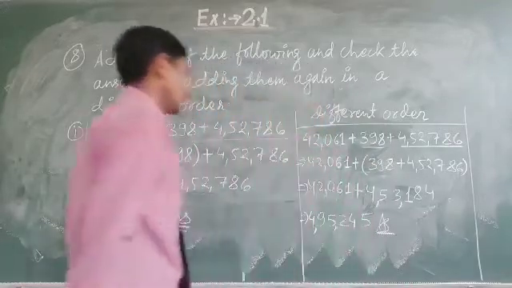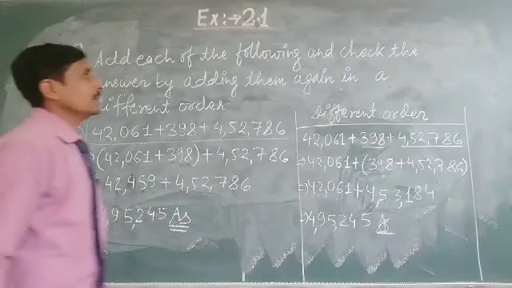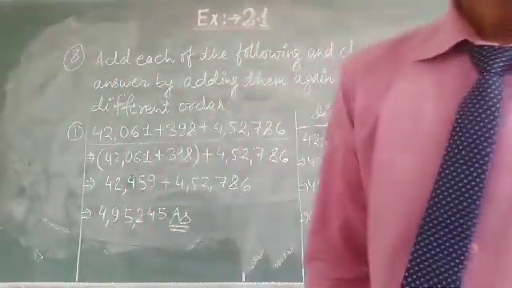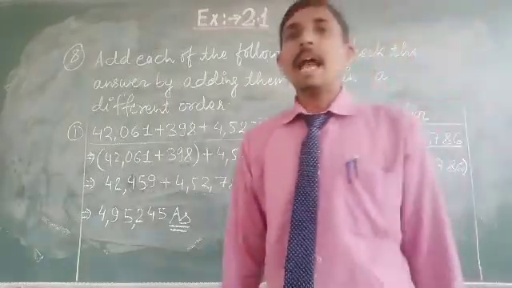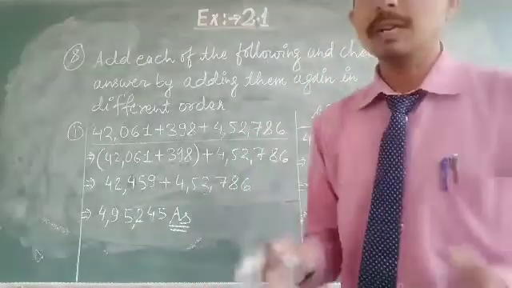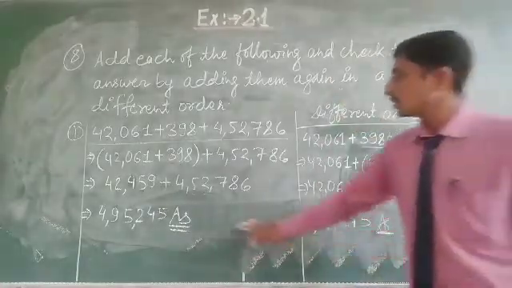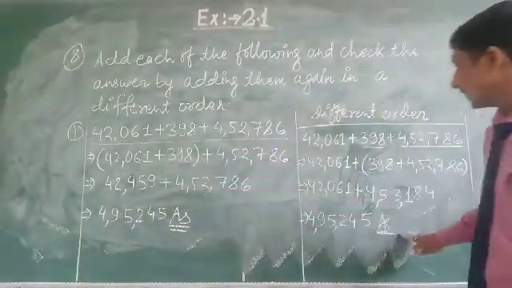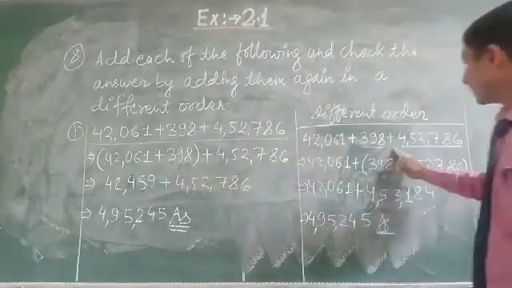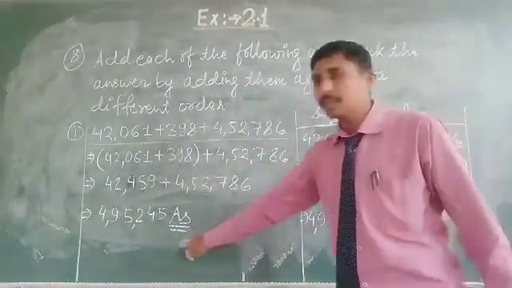Now again you see the answer is 4,95,245. So in whatever order we add two or more whole numbers, the result is always same. In both the additions the order is different, but the result is same.